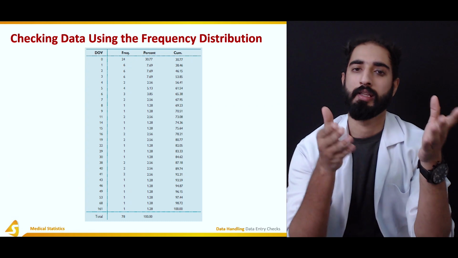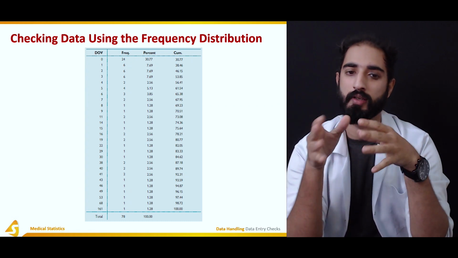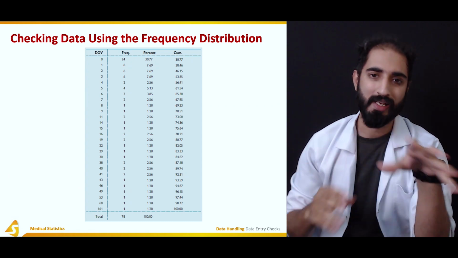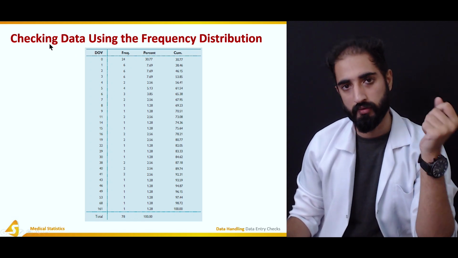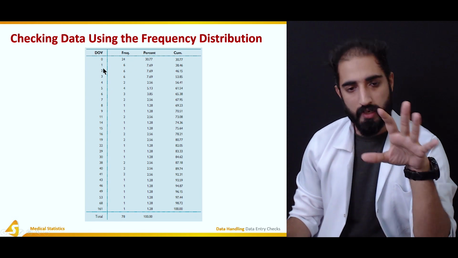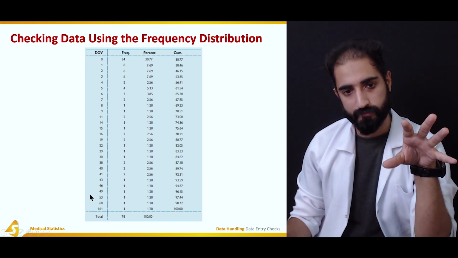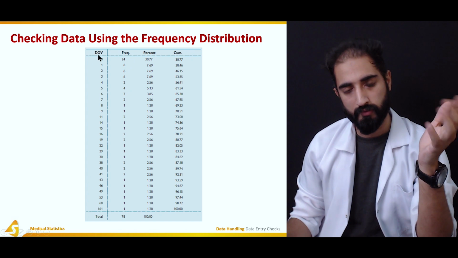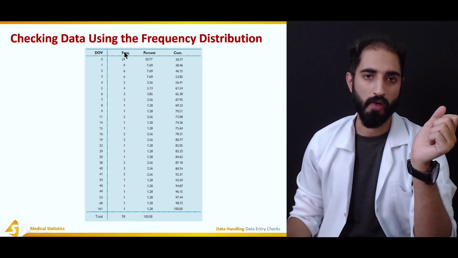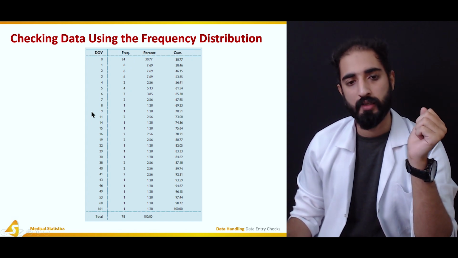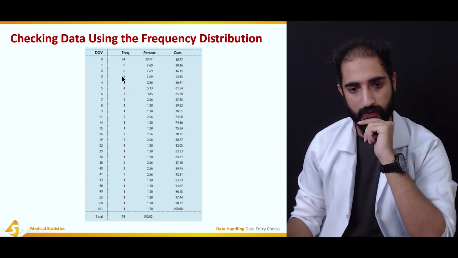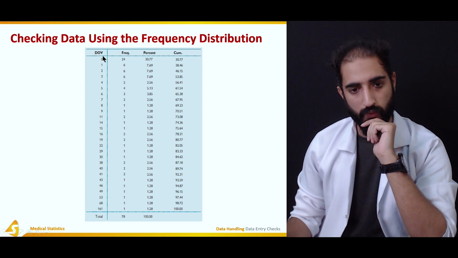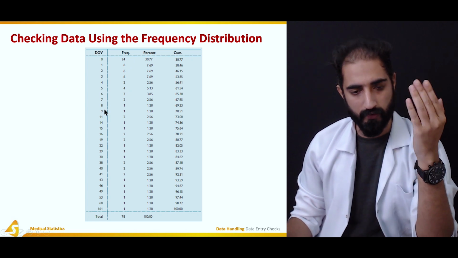Moving on, in the previous slide we mentioned frequency distribution. So let's take a look at how we can use frequency distribution for data checks. Here we have a variable, for example DOV, and here's the frequency for it: 0, 1, 2, 3, 4, 5, 6, 7, 8, 9, 10, and so on.